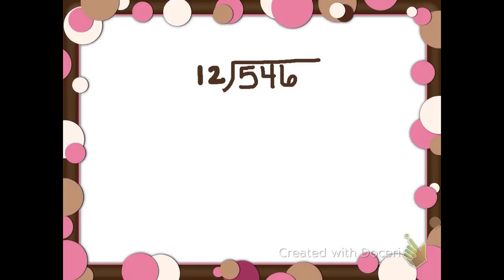So if you keep counting all the way up to 60, you've passed the 54. So as close as you can get without going over was the 48. And that was the fourth one you counted. So 12 can go 4 times. And 4 times 12 gives you 48.